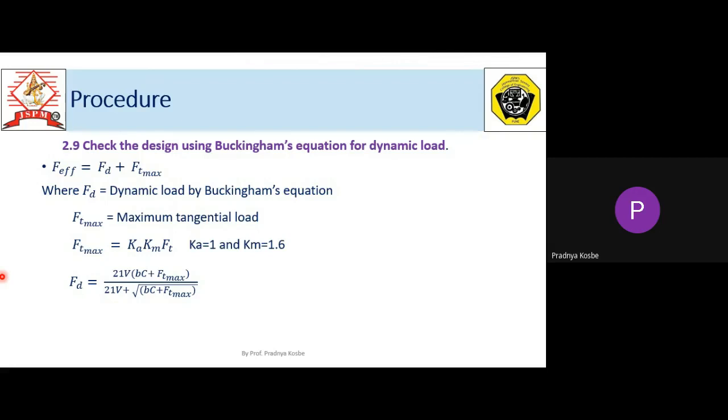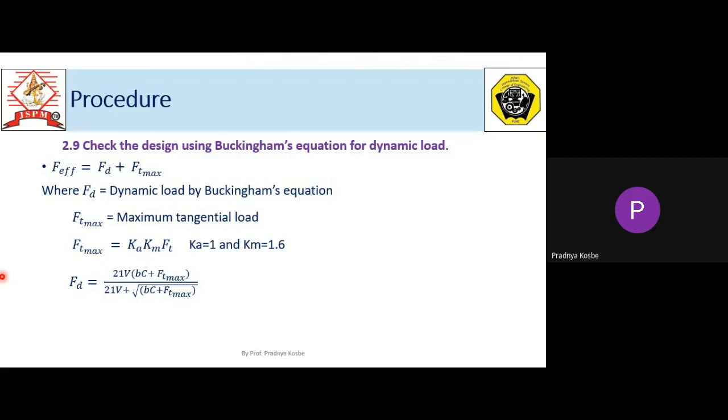Okay. Now, after finding out the module by the velocity factor, we have to check whether this design is safe using Buckingham's equation for dynamic load.